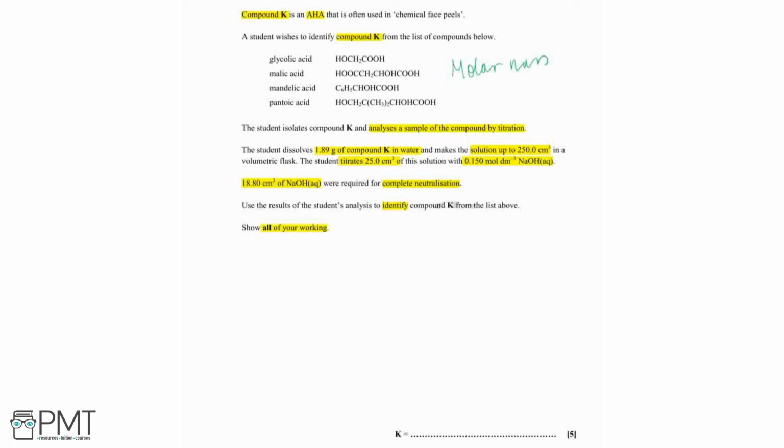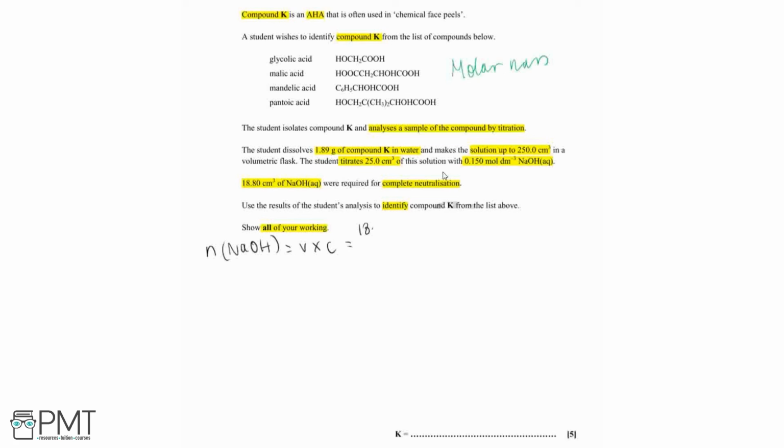The first thing which we can do is work out the moles of our sodium hydroxide that have been used in the titration overall, because we've got our volume and we've got our concentration. So the moles of sodium hydroxide is equal to the volume times the concentration.